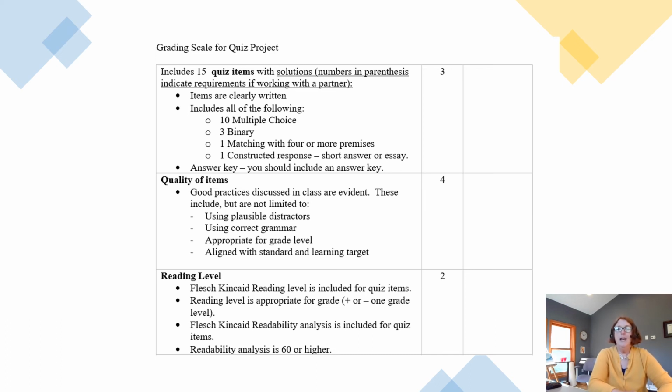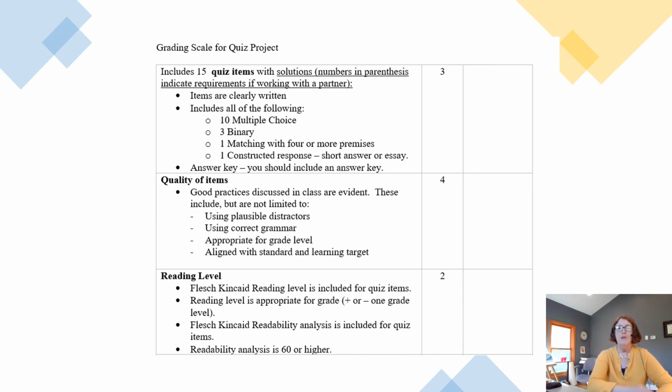You can see here, this is a grading scale for the project. Why don't I call this a rubric? Well, we're going to get into the difference between a grading scale and a rubric later in the course. But basically a rubric, if this were a rubric, it would have levels. So what would you get for 1 point? What would you get for 2 points? What would you get for 3 points? And under each of those levels, you would have a description of what your paper would be like for a 1 point level or a 2 point level.